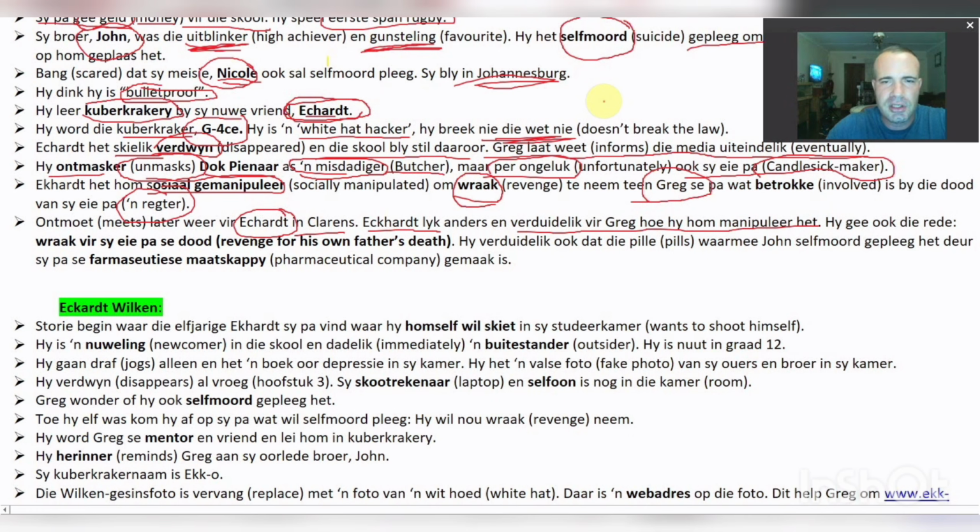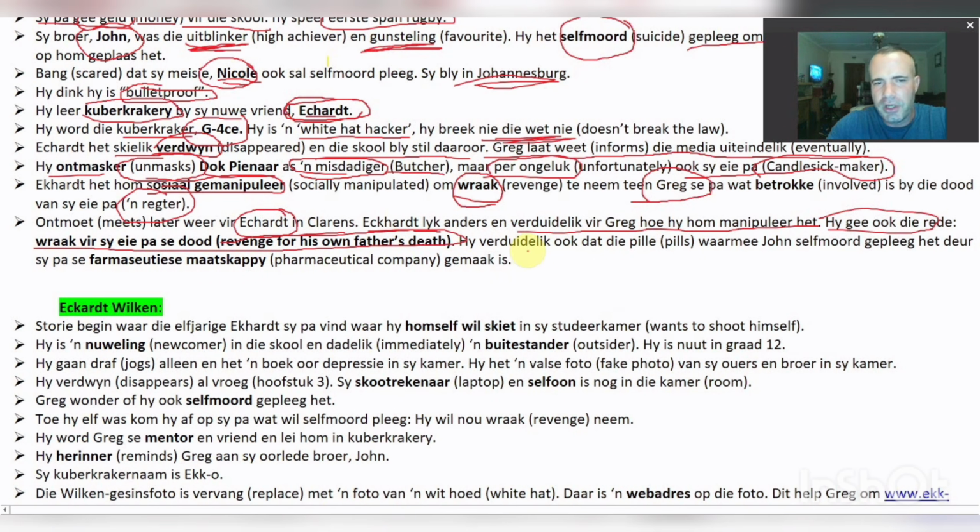I was this new kid, came into school, I befriended you, I taught you how to hack, and I led you down this path of discovering that your own father is a criminal and that he caused my father's death." Okay, so he gives the reason. This is very, very important. The motive, die motief, die rede. Okay, wraak vir sy eie pa se dood. Revenge for his own father's death.